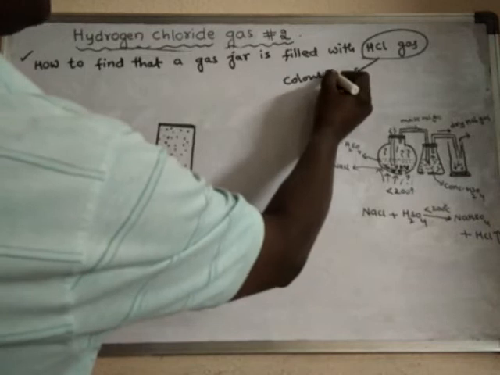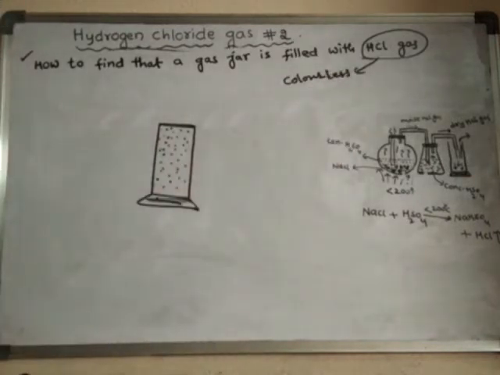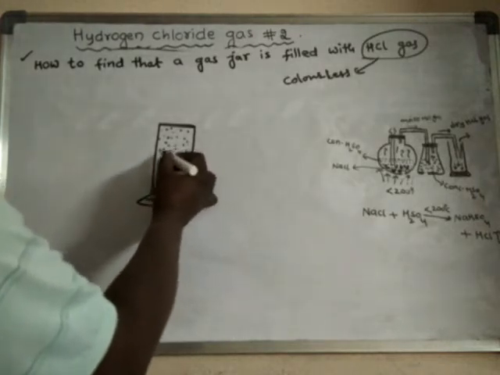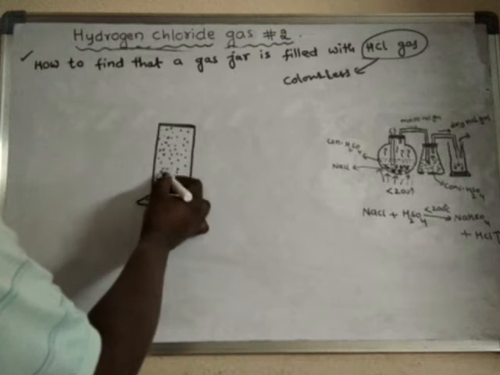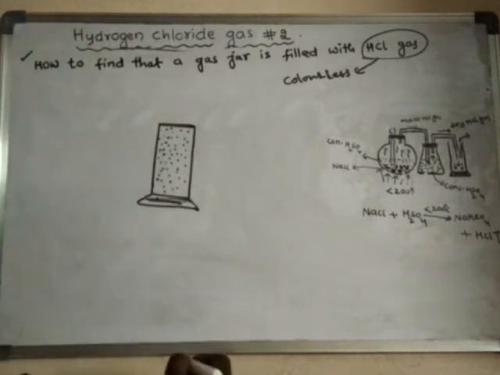Like how air is colorless, HCl gas is also colorless. So if HCl is collected in a gas jar, we cannot see that gas. There are so many gases which we cannot see, but those gases are still present.